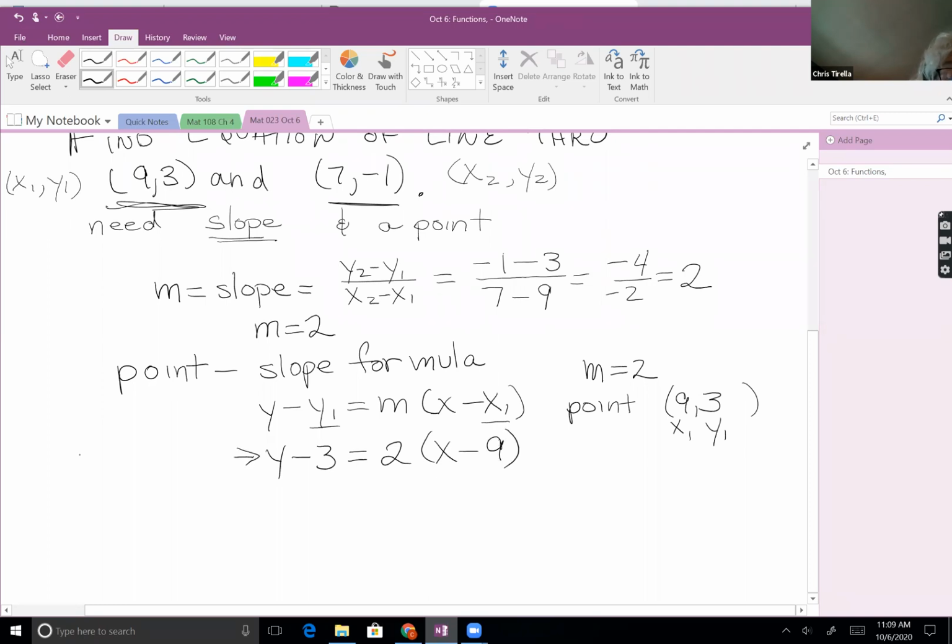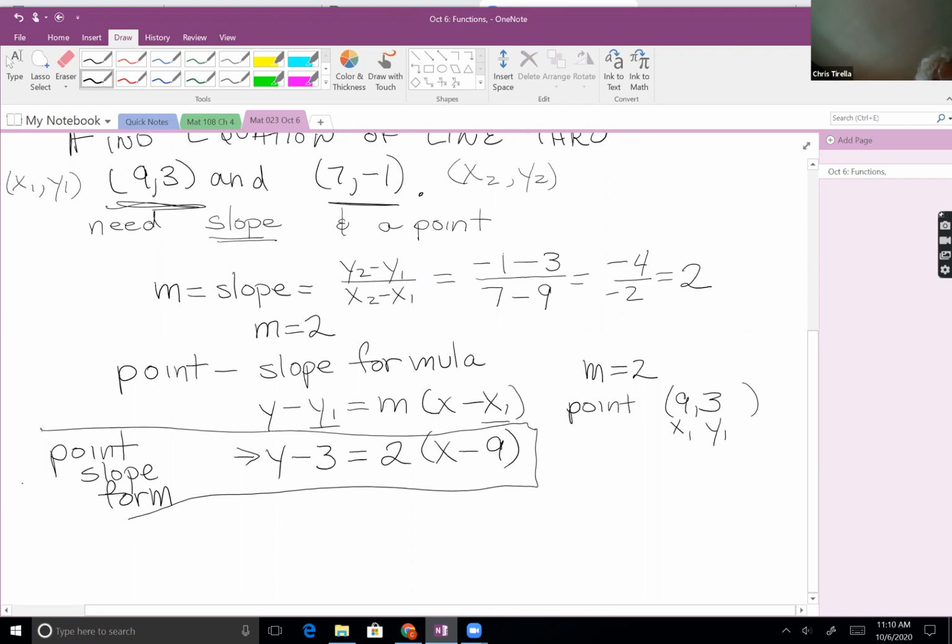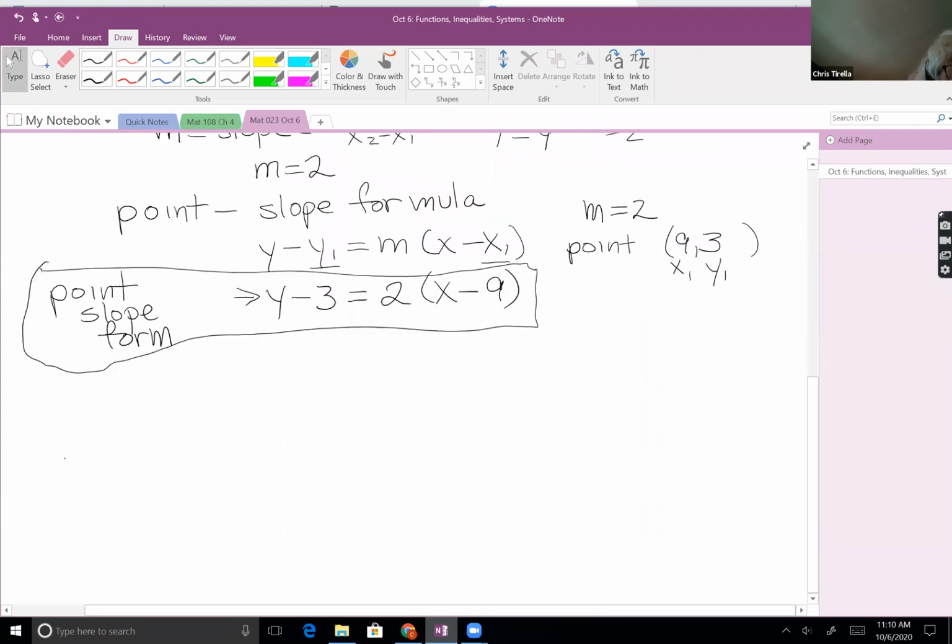And if a question asks for my line in point slope form, I'm stopping there. Instead, if a question asks for my line in slope intercept form, oh, that should be an L, not a T, sorry.